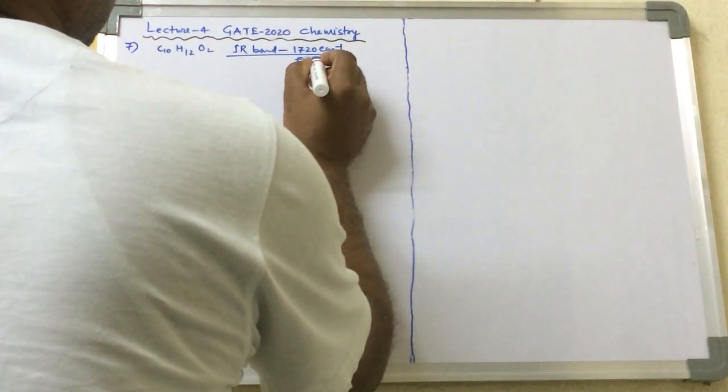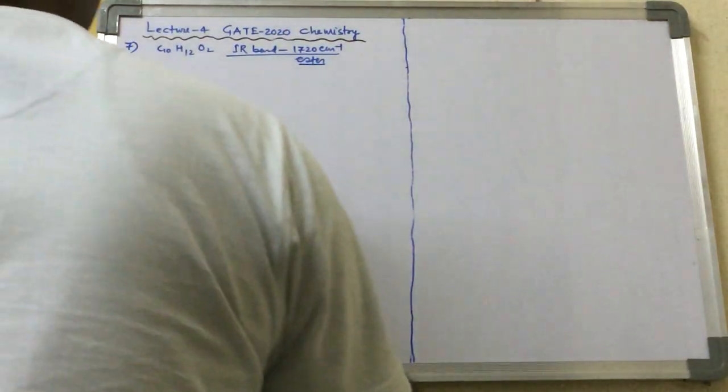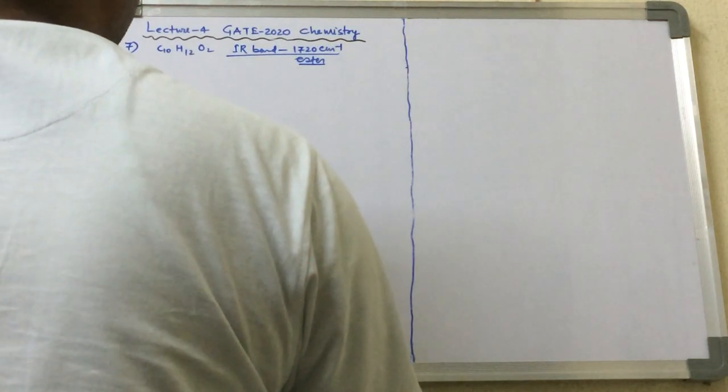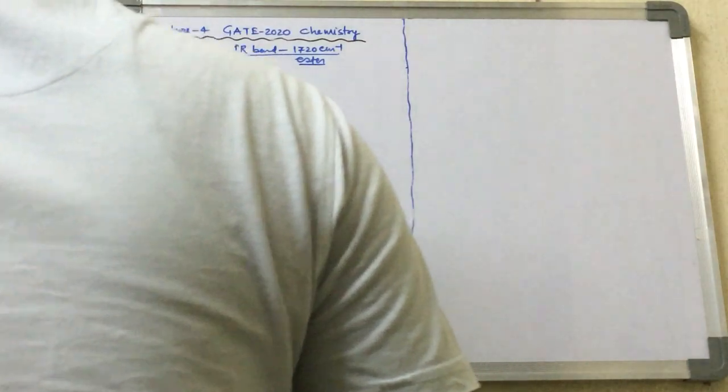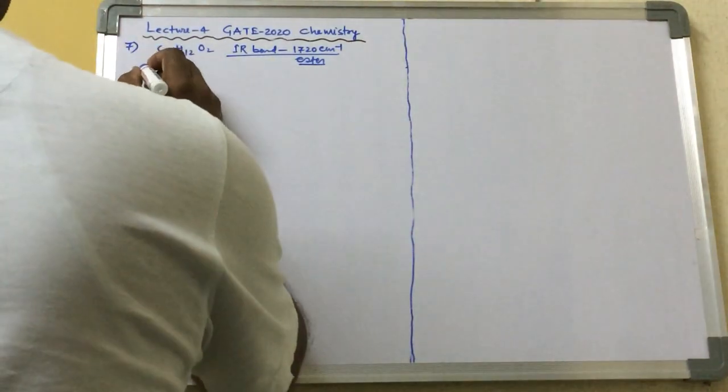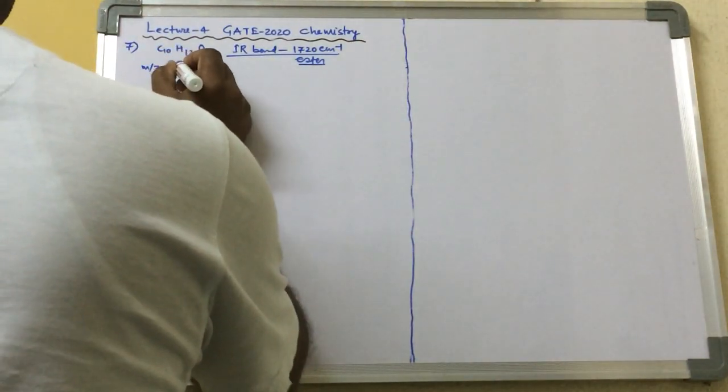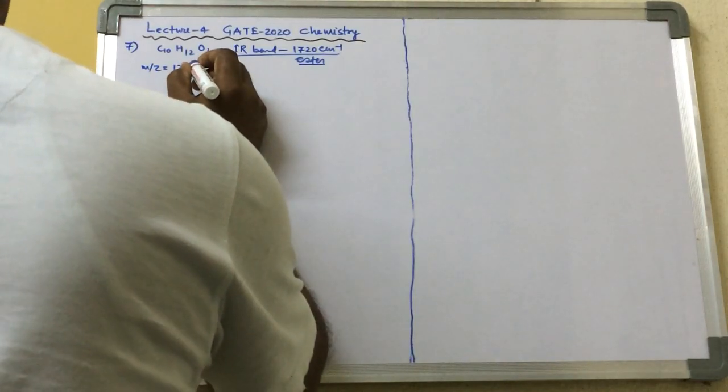Okay, if this type of band comes, then you can guess that a C=O will be present in your compound. And the molecular ion m/z is given as 122.